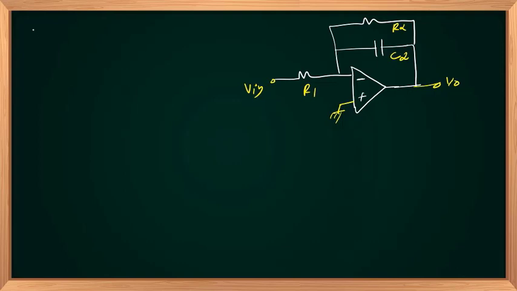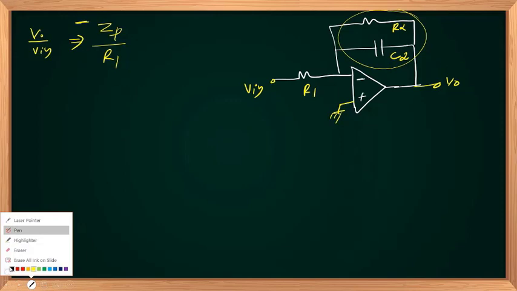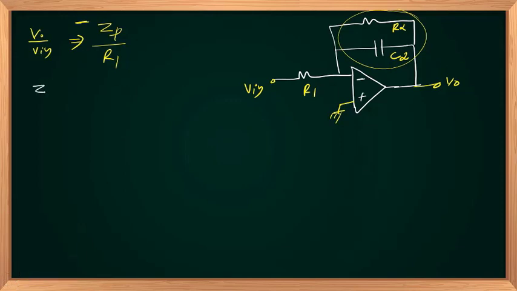Here also the transfer function V out upon V in can be easily identified by taking the parallel combination of these two. So I will call it ZP divided by R1 itself, with a negative sign. While writing ZP, we have to take two impedances in parallel. And as we discussed earlier, C2 impedance will be 1 by SC2.